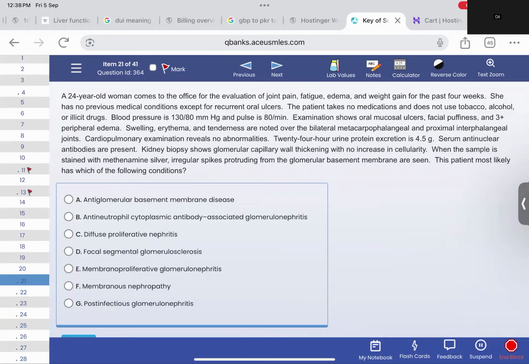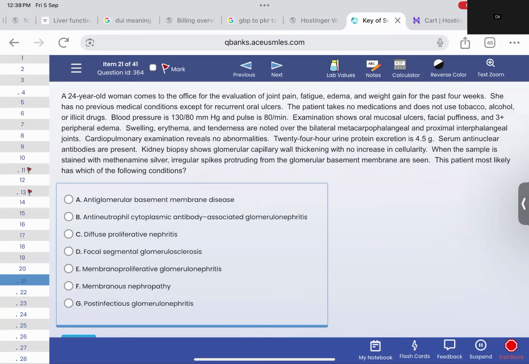This patient most likely has which of the following conditions? A 24-year-old woman comes to the office for the evaluation of joint pain, fatigue, edema, and weight gain for the past 4 weeks. She has no previous medical conditions except for recurrent oral ulcers. Patient takes no medications and does not use tobacco, alcohol, or illicit drugs.